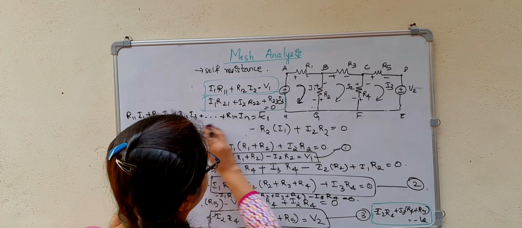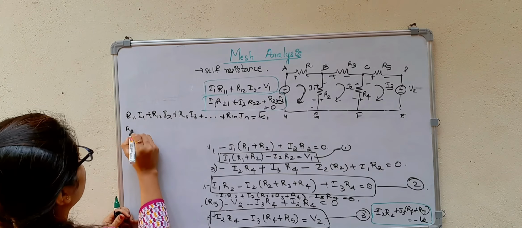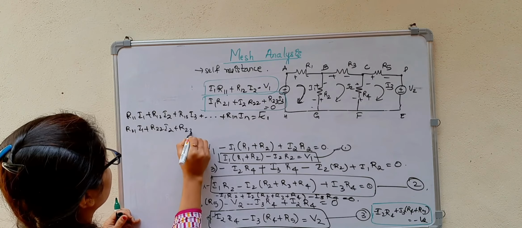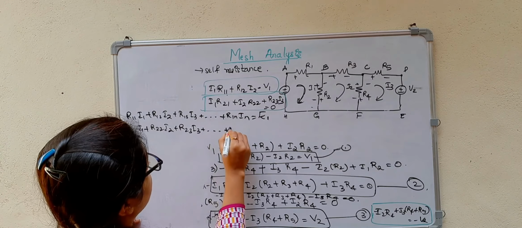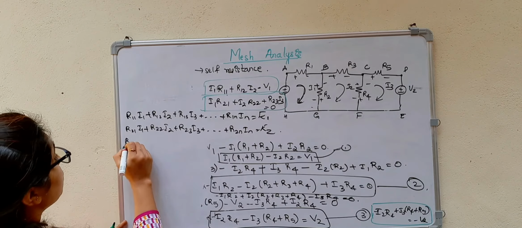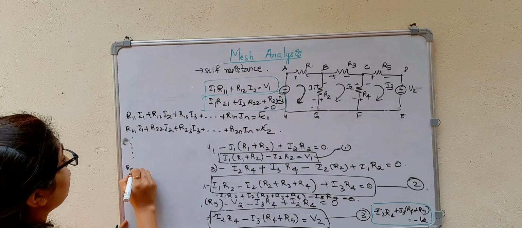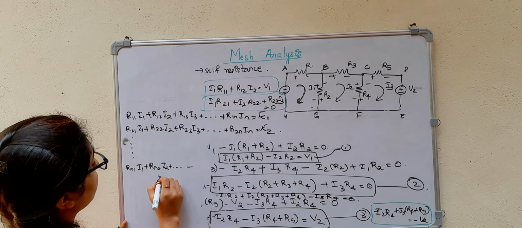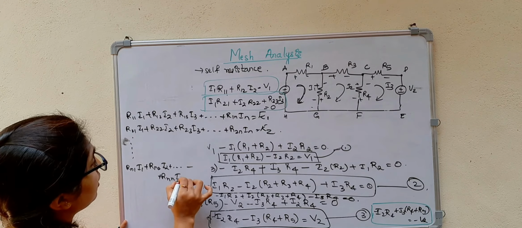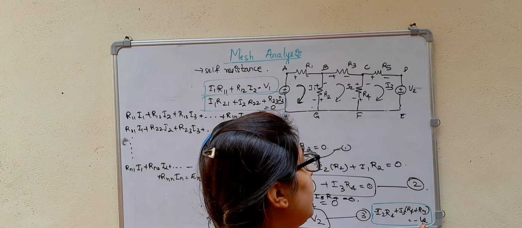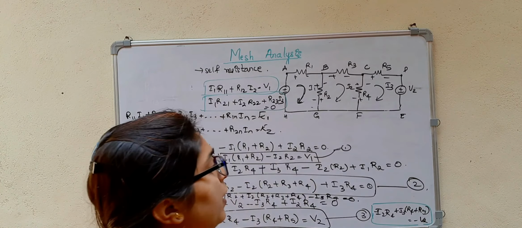Then we have R21 I1 plus R22 I2 plus R23 I3, and so on till plus R2n In, that is equal to E2. Like this it goes on till Rn1 I1 plus Rn2 I2, and so on till Rnn In, is equal to En. In this case your E3 will be equal to minus V2.